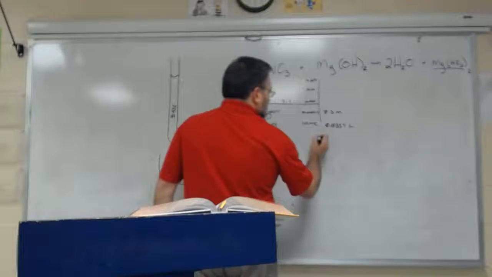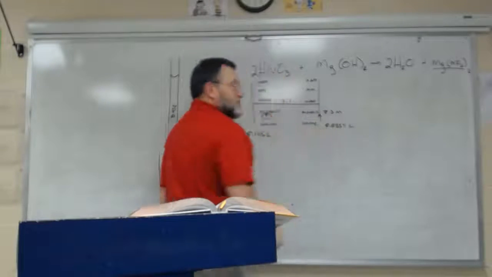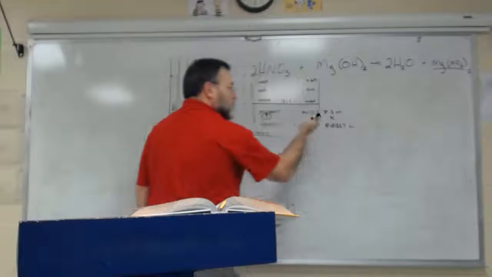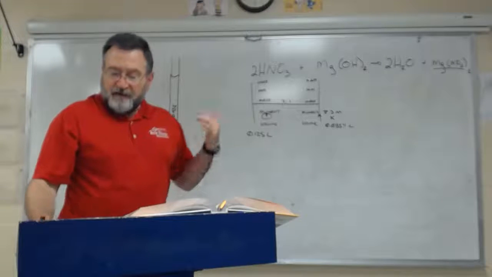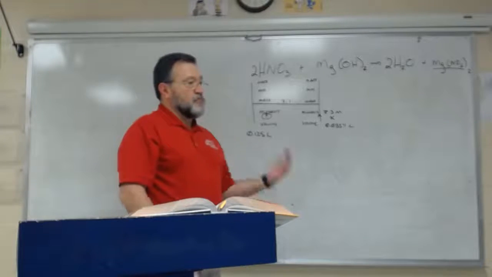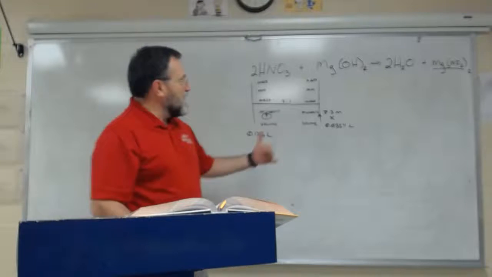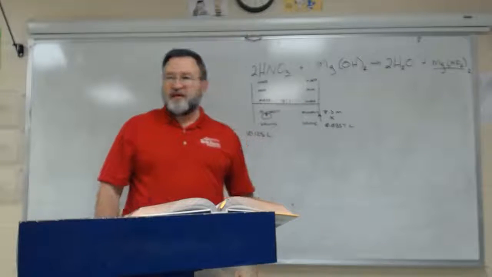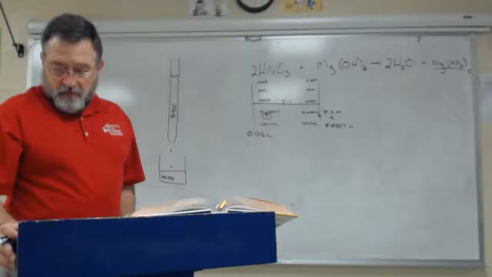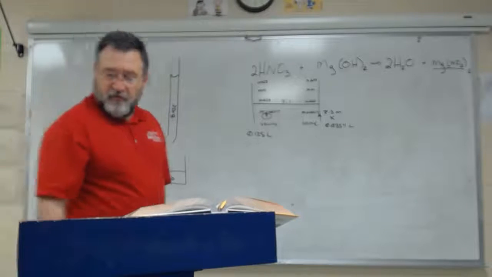Well, if I move from volume to molarity going in this direction, I'm going up, so I'm going to multiply, right? I'm going to multiply these two things together. So 0.0354 liters times 2.3 molarity, which is moles per liter, is going to tell me how many moles of magnesium hydroxide I've used. And that is 0.081.